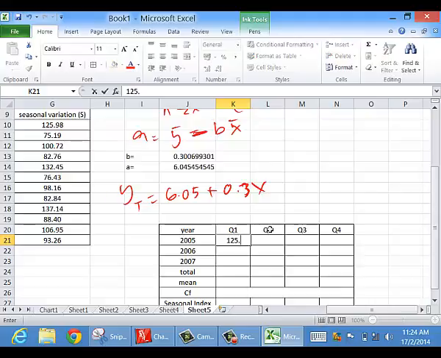So 125.98, 75.19, 100.72, and this one 82.76, 132.45, 6.43, 98.16, 82.84, 137.14, 88.40, 106.95, and this one last 93.26.